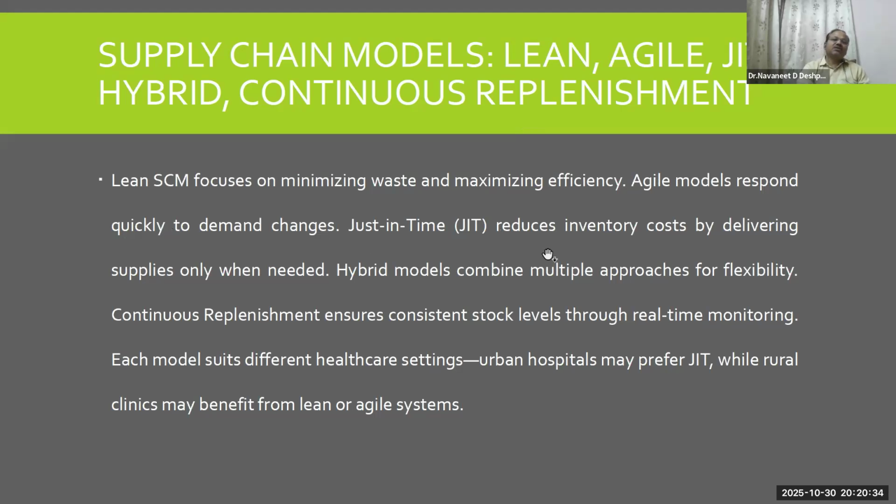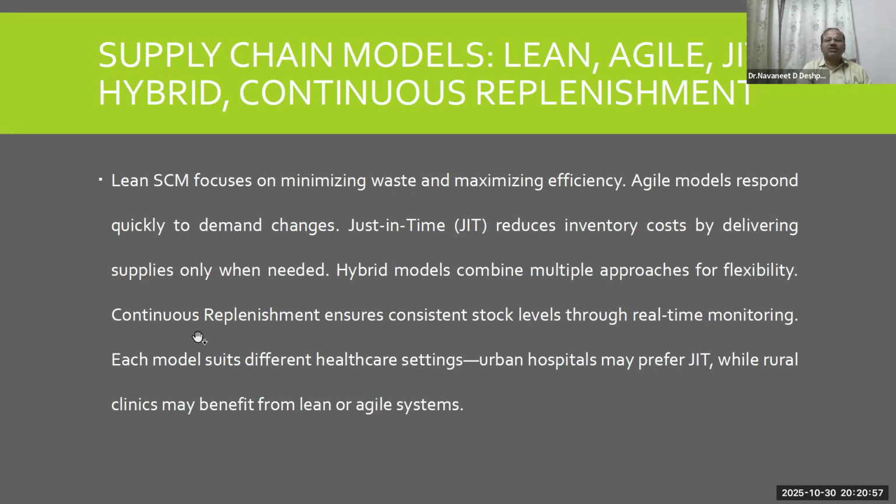Just in time reduces the inventory cost by delivering supplies. All three models you should know, or you can get certification whenever required. Lean certification is there, agile certification, just in time certification. Continuous replenishment, of course, doesn't have any certification as such, but it's a concept adopted from Japanese people. Hybrid models combine multiple approaches for flexibility.